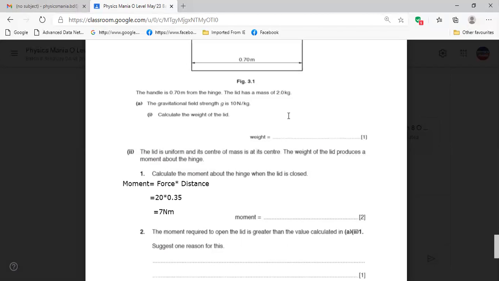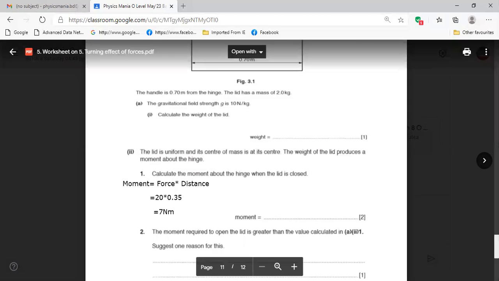Yeah, now it's all right. 7 Newton meter. Okay, so this is done, right? Part one is done.